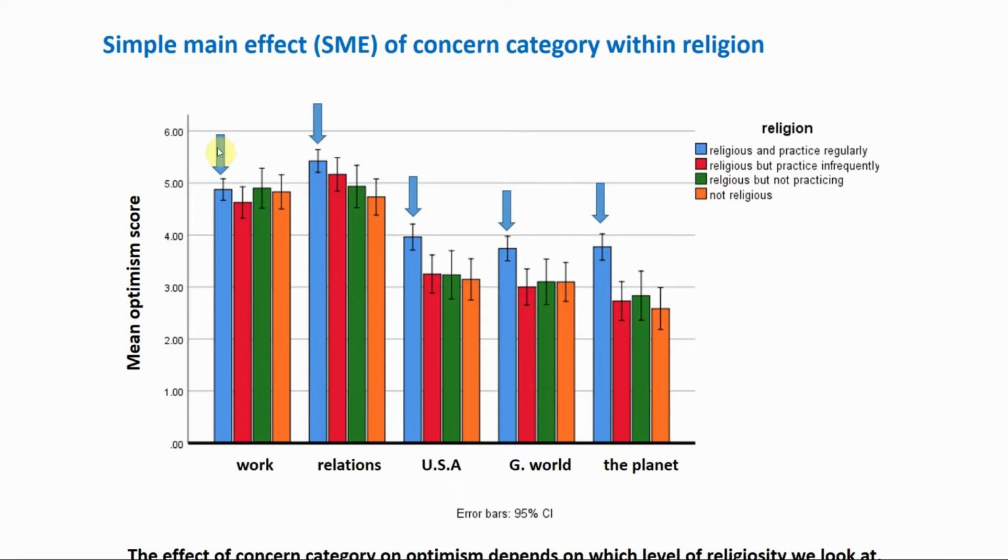Well, remember that everybody answered or contributed a score to the work question or the work category, relationships, USA, global world, and the planet. So that means that this factor is within subjects. And because you have 3 or more means, you're going to have to run a one-way repeated measures ANOVA.